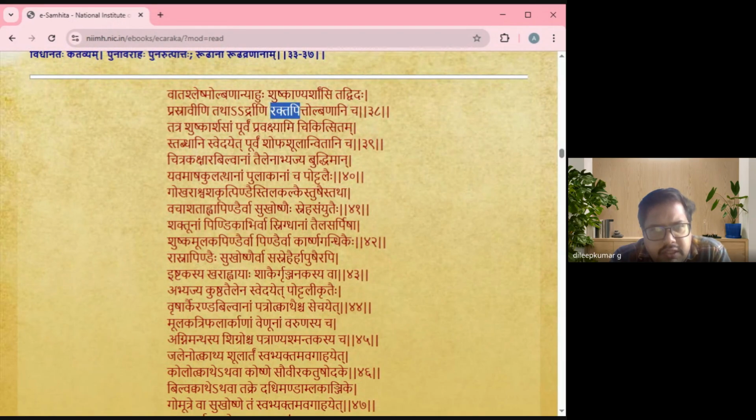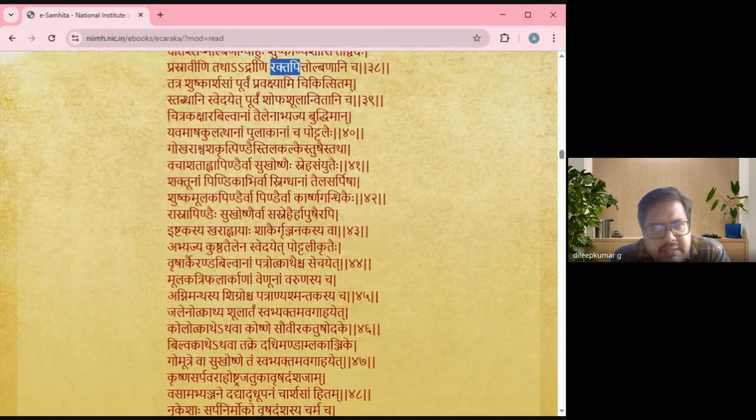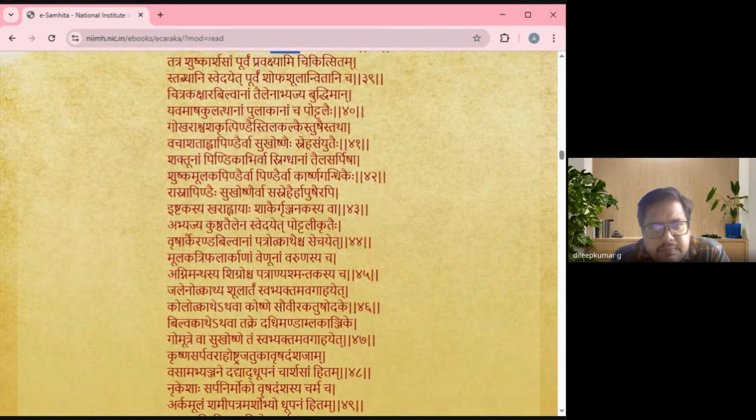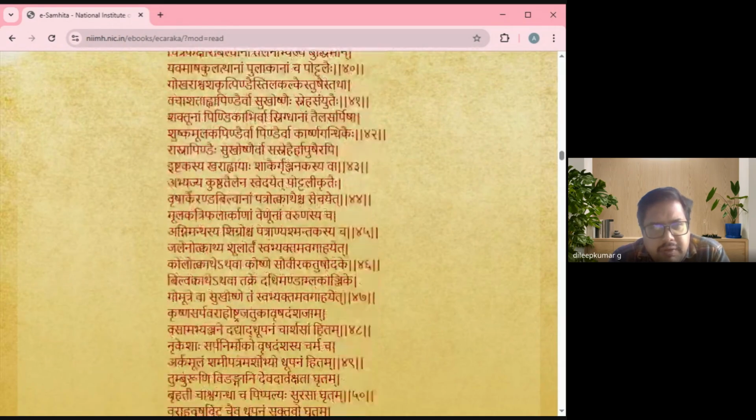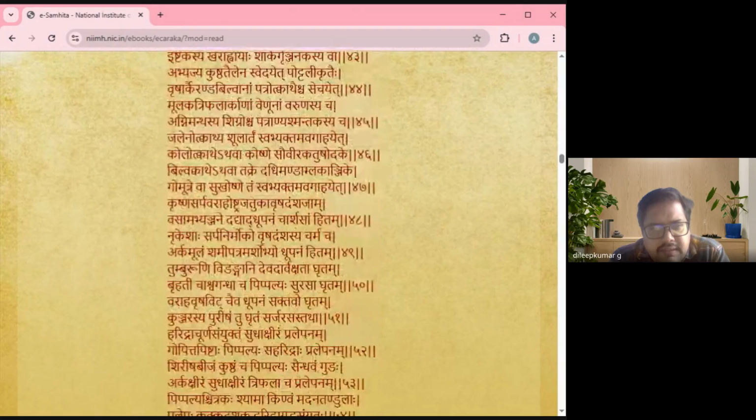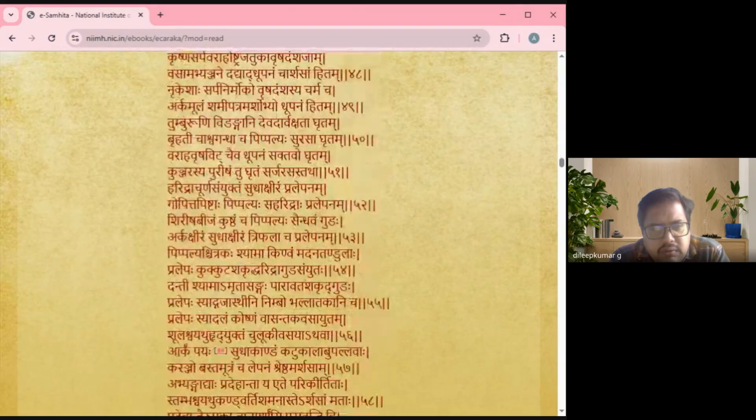So first one is Shushka Arshas. Its treatment has been mentioned. All Vata Kapha medicines, Ushnavirya medicines, Deepana, Pachana, Anulomana medicines can be given for Shushka Arshas. Many medicines have been mentioned, so we can skip them.